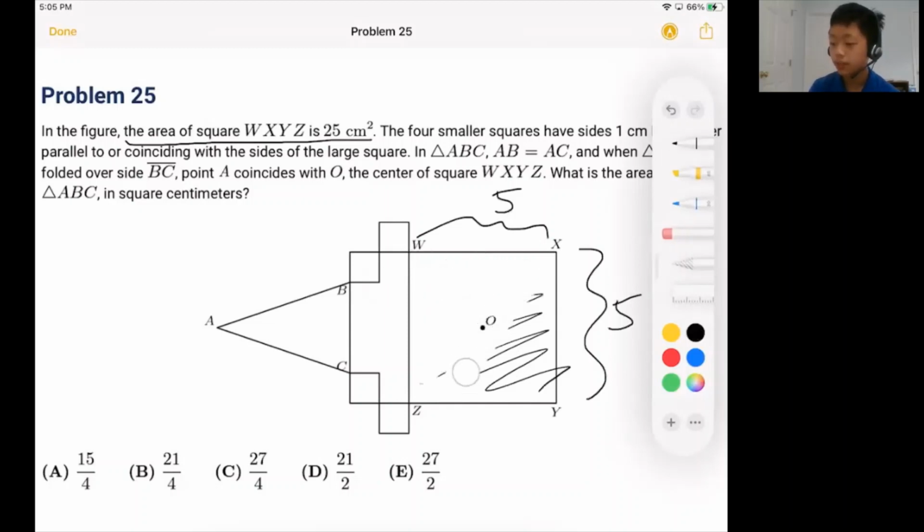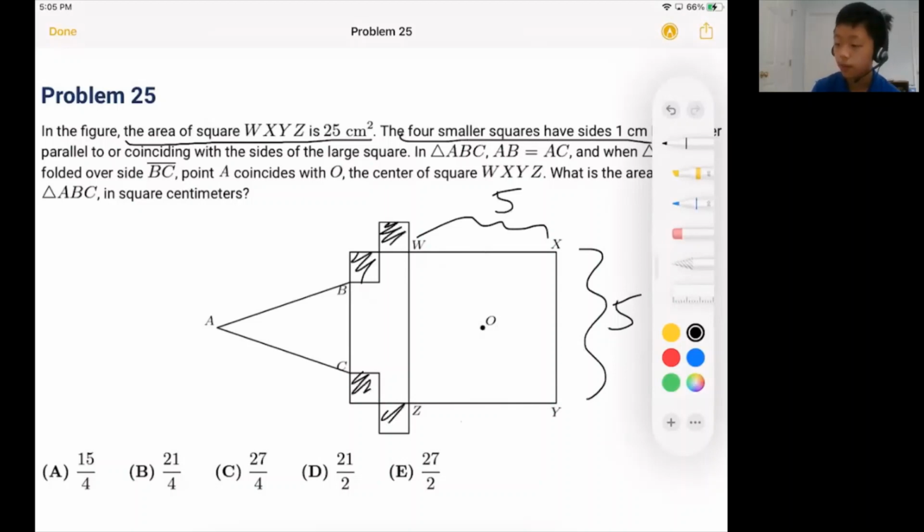That should be pretty helpful. And we're also given that the four smaller squares have sides 1 centimeter. So all of these small squares have side length 1. So this has length 1, 1, 1, 1, 1, 1, 1. All of those lengths are 1.